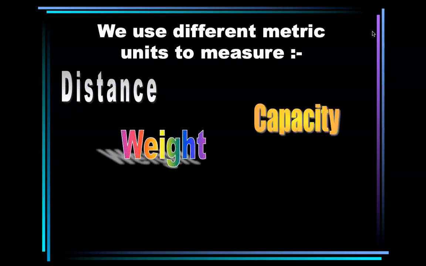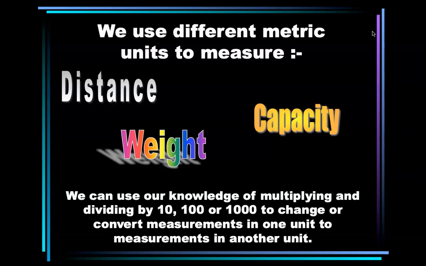We know that distance is millimeter, centimeter, meter, kilometer, weight is grams and kilograms, and capacity is milliliter and liter. And as we've already said, you need to be able to multiply and divide by 10, 100, or 1,000 to change from one unit of measurement to another.